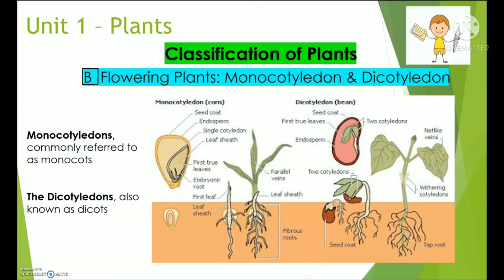Open your books on page 10, Unit 1, Plants. Okay, so if you are there, on page 10, we will talk about another classification of plants, which is in Part B, flowering plants, monocotyledon and dicotyledon.